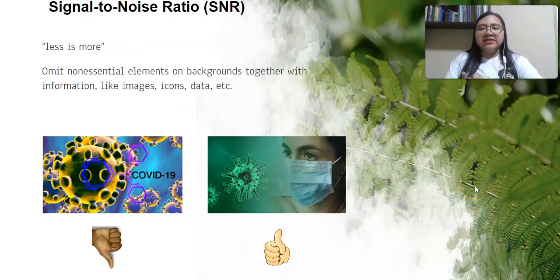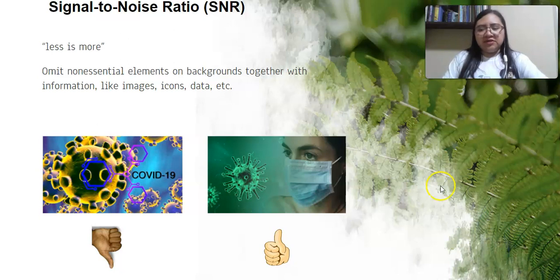So, what is signal to noise ratio? Less is more. Omit non-essential elements and backgrounds together with information like images, icons, data, etc.